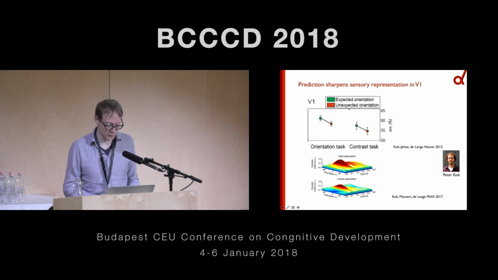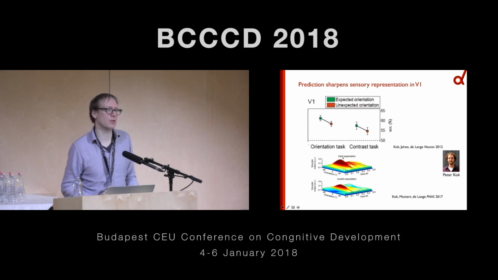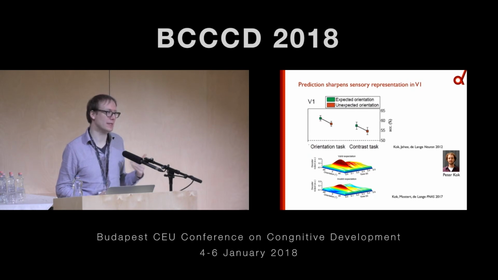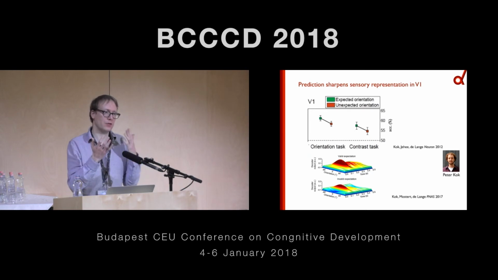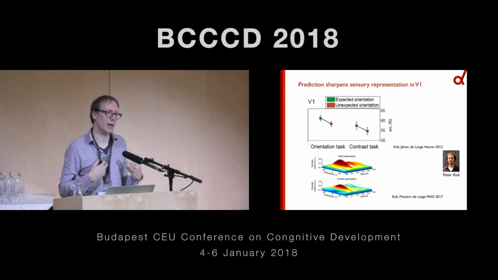We've shown both with fMRI and MEG recordings that when you have a stimulus that you expected, this is typically associated with a reduction of neural activity, but it is also associated with an improved readout of that stimulus. A little bit like if you had a picture, you would be able to make it sharper if you can increase the signal-to-noise ratio of your image by having a particular prior belief about it.